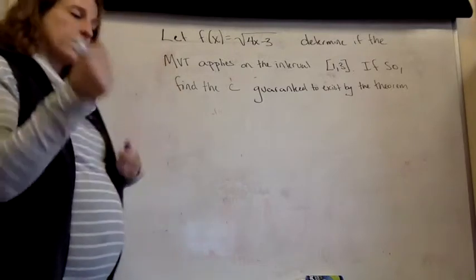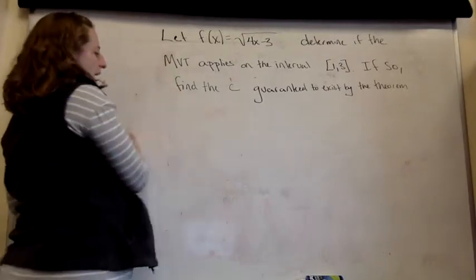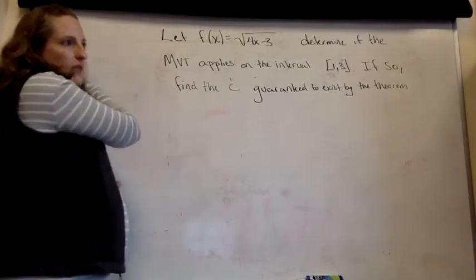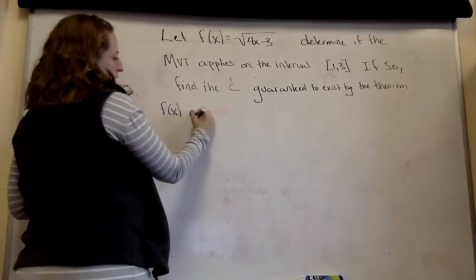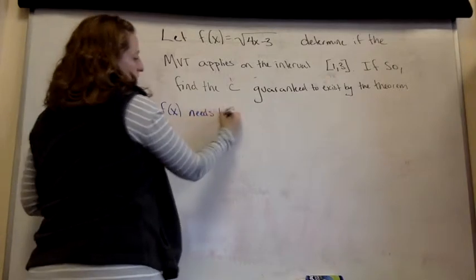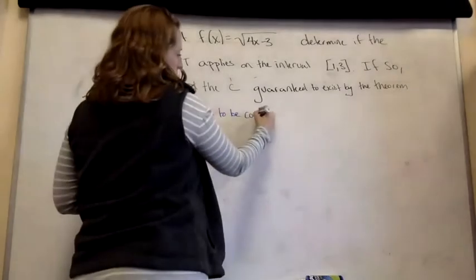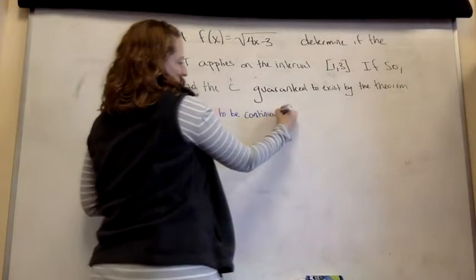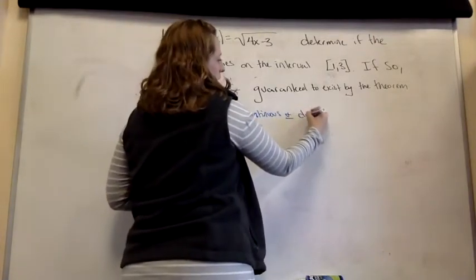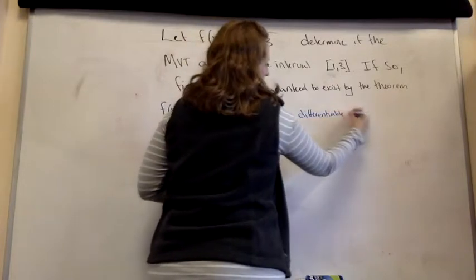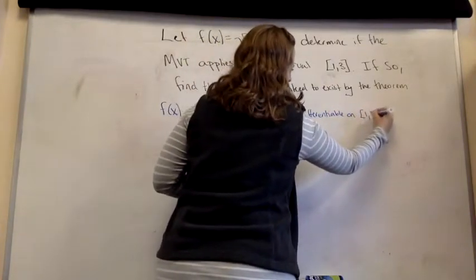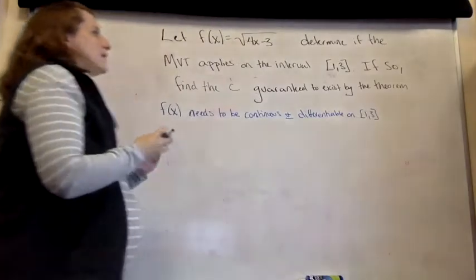So let's talk about the first part. Let's figure out if the MVT applies. If the mean value theorem applies, our function, f of x, needs to be continuous and differentiable on the given interval. Well, let's think about this function.